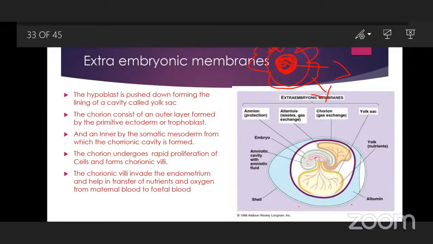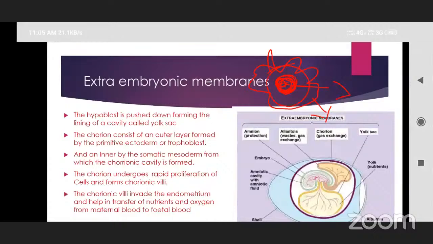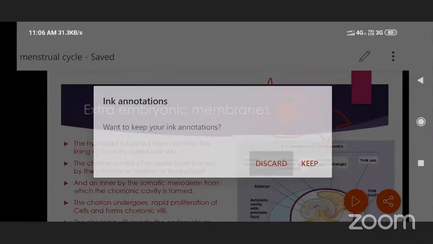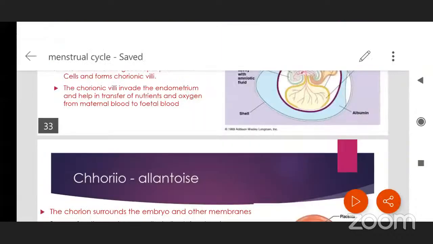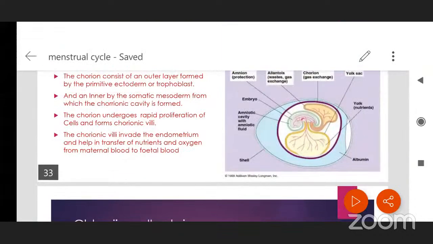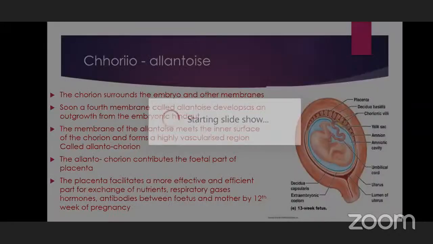Now let us see the next part. Chorioallantois.